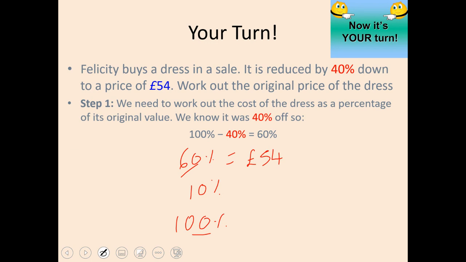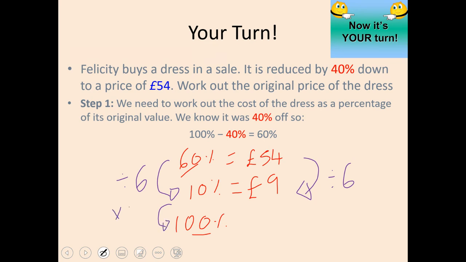So I can divide both sides by 6. Because 60 divided by 6 gives me 10%, £54 divided by 6 would have to be £9. And then remember, how can I go from 10% to 100%?